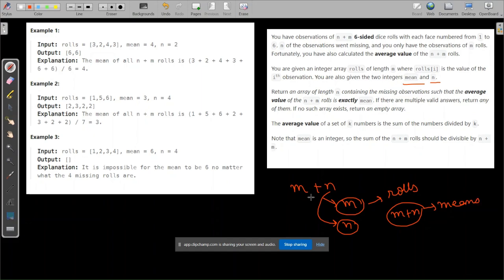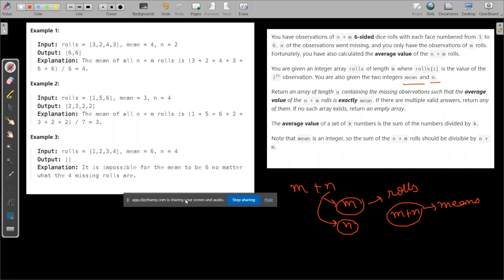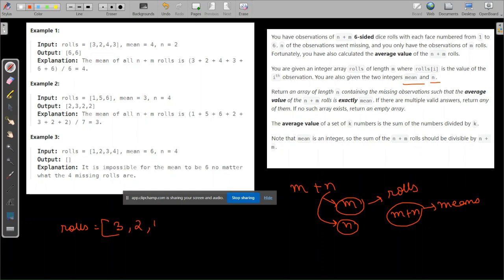Now I have to find the n dice and return them. So let's take an example: rolls having 3, 2, 4, 3, and the mean is 4 and n is equal to 2.